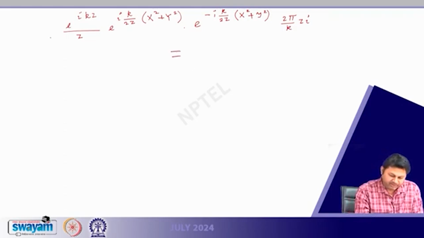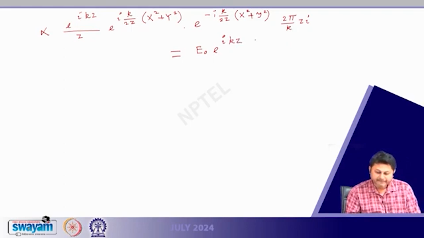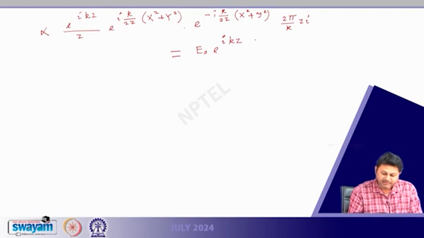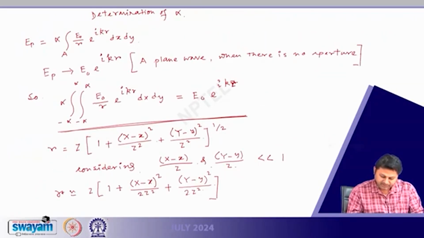this value is equal to, okay, we have alpha here, alpha multiplied by this. So, that is equal to E naught e to the power of i k z. So, you note that this term will simply cancel out, e to the power i k z will cancel out, E naught will also cancel out, because here in this equation this E naught and this E naught was there.